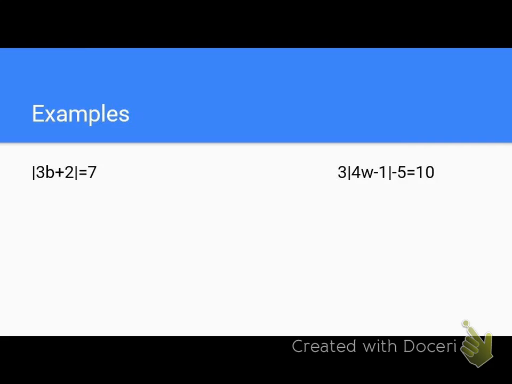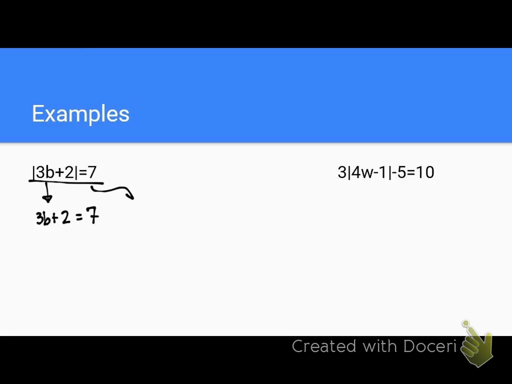Let's do this one on the left here. Absolute value of 3b plus 2 is equal to 7. Same concept again. We have an absolute value sign that is isolated on one side of the equation. You can see the equal signs right here. So since it's already there, we can rewrite this as two separate equations. We got the absolute value of 3b plus 2 is equal to 7.